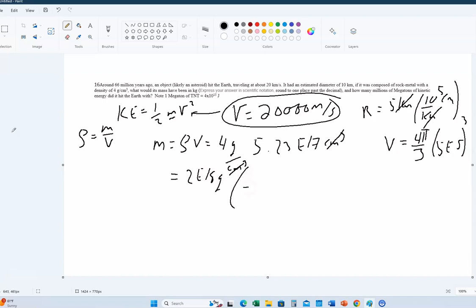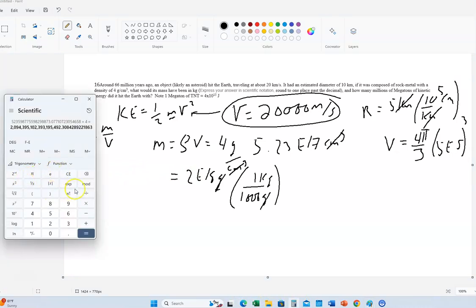Now here's the other thing: I have to change that from grams to kilograms. There's 1,000 grams in 1 kilogram, so the grams will cancel. I just take this number that's already in my calculator and divide it by 1,000. That will change it into kilograms.